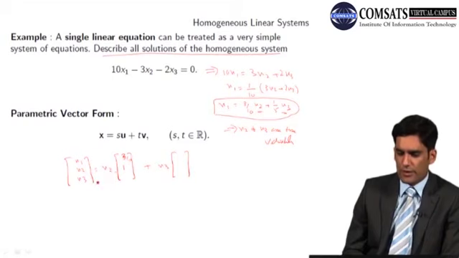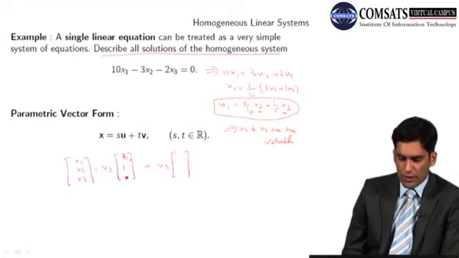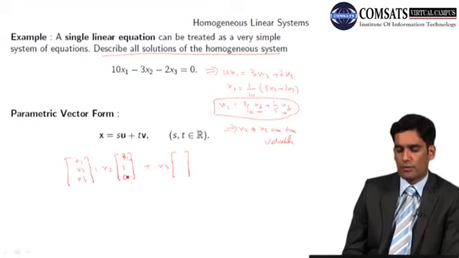For x3, there is no part from x3. x3 is also a free variable, so the coefficient here I will put 0, because x3 equals, let's say, s and x2 equals t, where s and t belong to real numbers.